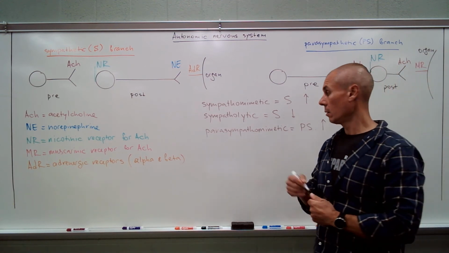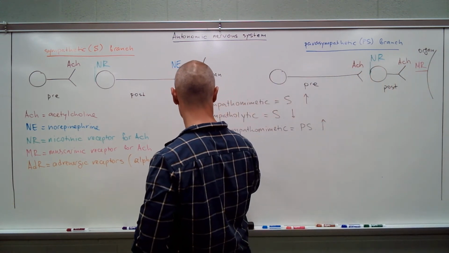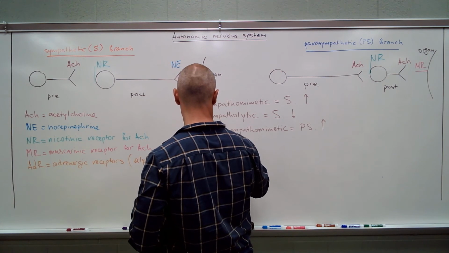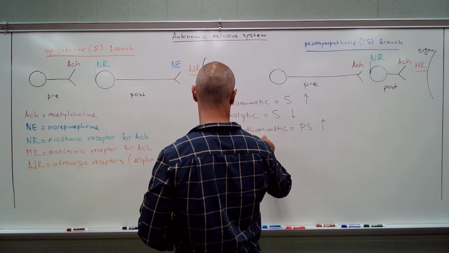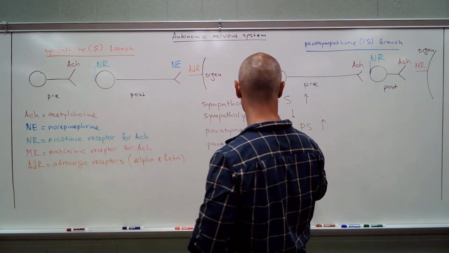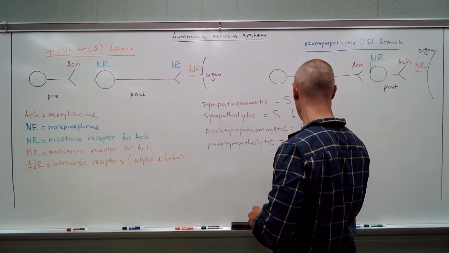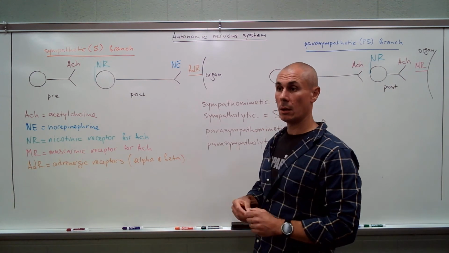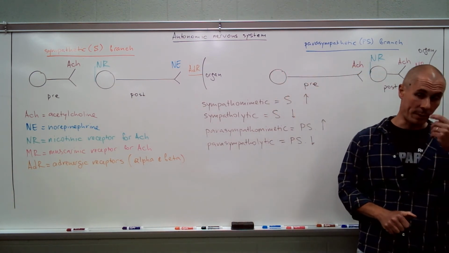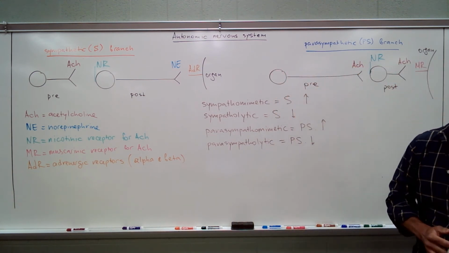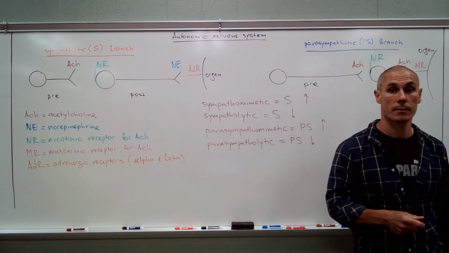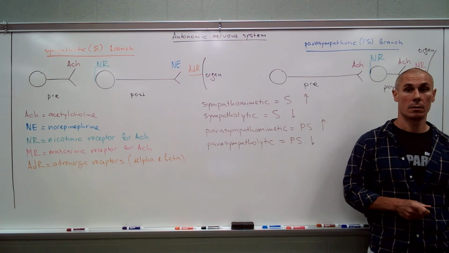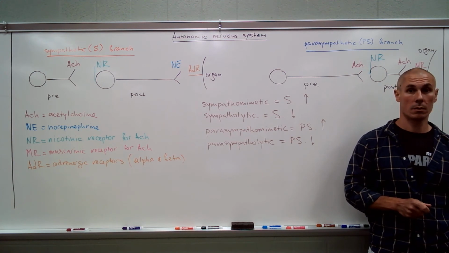Okay? And parasympatholytic essentially inhibits parasympathetic responses. A good example of a selective parasympatholytic is atropine. It very effectively inhibits muscarinic receptors. Okay?